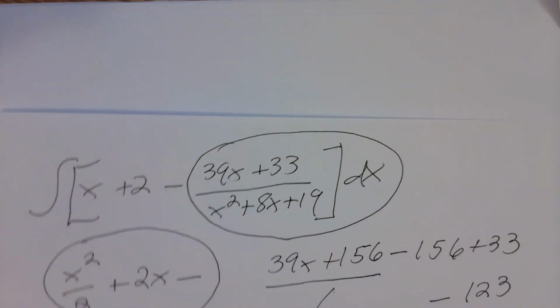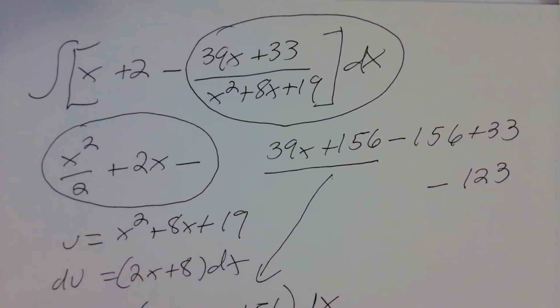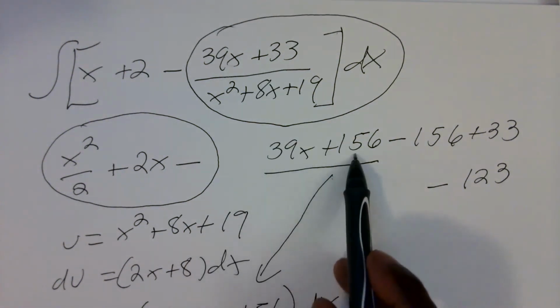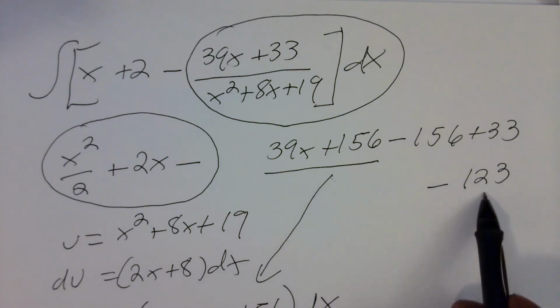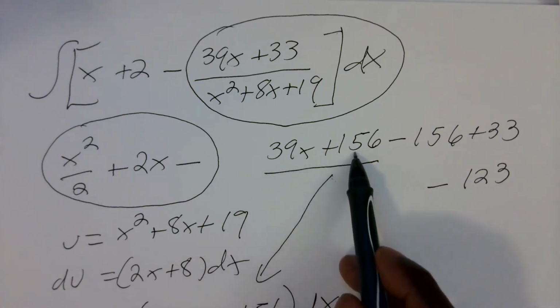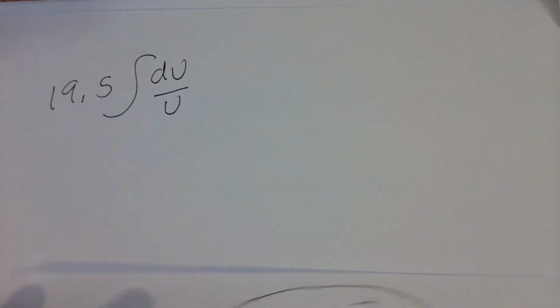And what I do is I have this U substitution where 19.5 du is 39x plus 156. And what I did to this guy is I split it to 39x plus 156 minus 123. So for the 39x plus 156 part, that's going to be 19.5 du over u.